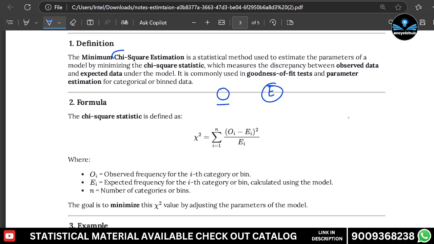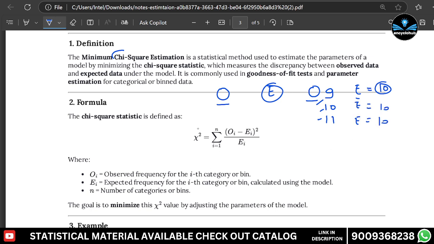Suppose my thinking is that the expected value should be 10, right? But when I observe, my observed values lie at 9, 10, 11, and many more. So that is called the observed value, and this is called the expected data.